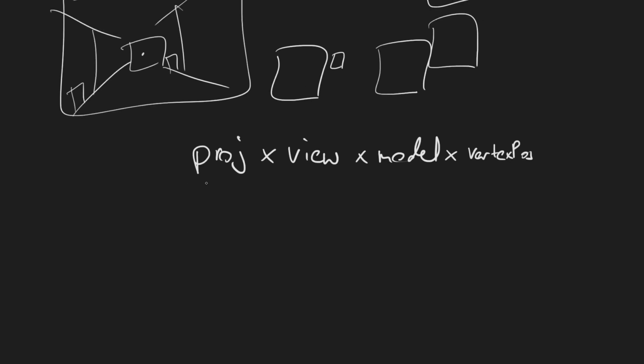Now this order is GLM's order, and also the order of multiplication that we see in GLSL shaders, because they're column major. In DirectX, this is the other way around. So you have your vertex position, right? You multiply that with the model matrix, you multiply that with the view matrix, and you multiply that with the projection matrix, okay? So it's the other way around because it's row major.